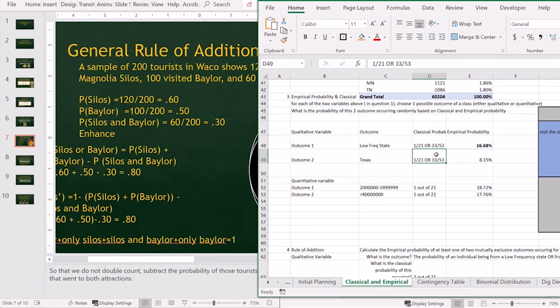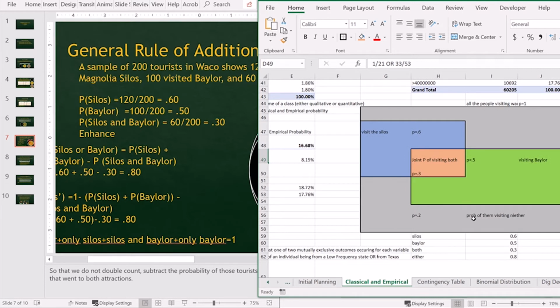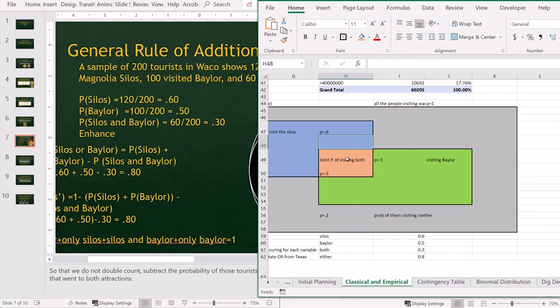What would be the probability of the people in that last example visiting either the silos or Baylor? The probability of them visiting either the silos or Baylor is going to be 0.8, which means that they are going to be in the blue or the orange, whatever that is, salmon, or the green. They can be in any one of those three. When we say either, they can be in any one of those three.